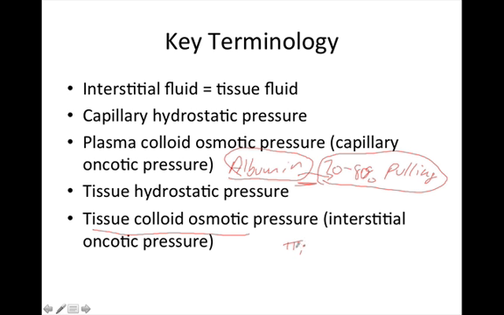If we're talking about plasma colloid osmotic pressure, it's going to be pi P. And for the hydrostatic pressures, tissue hydrostatic is P I and capillary hydrostatic is P C, and so on.